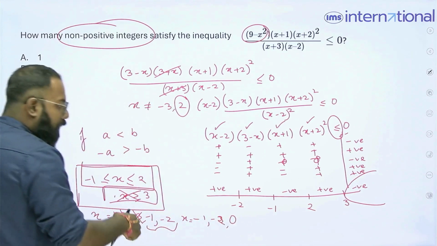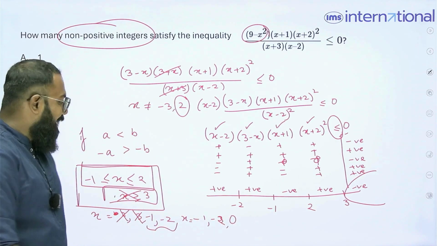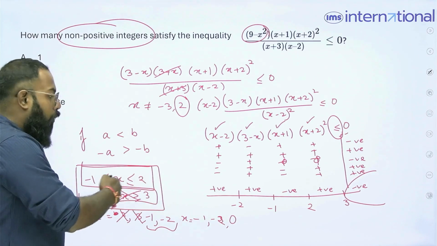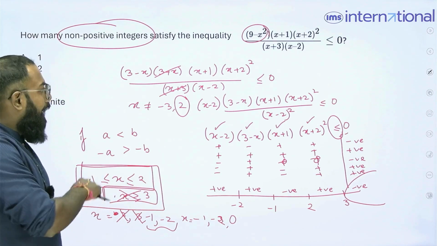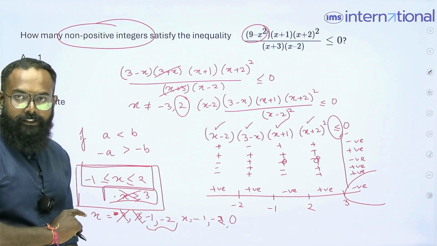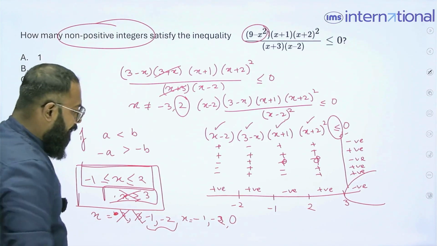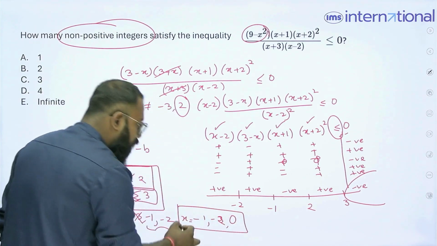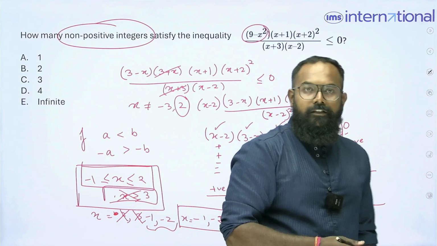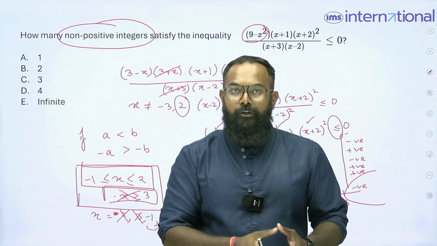That means I'm also going to consider 0 as one of the values, and apart from minus 1 and 0, no other integer in this section is going to be a non-positive integer. Clear? That means I just have 3 different values of x, minus 1, minus 2 and 0, which will help us to get a solution.